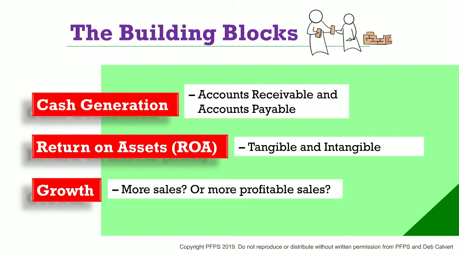Okay, the second building block of money making is the return on assets, the ROA. And there are two types of assets. When you hear about tangible assets, that refers to anything that's physical, like a production plant, the office building, office equipment, and furniture.